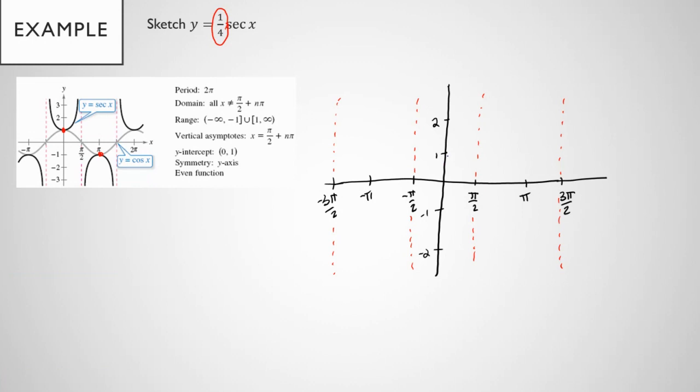Generally these U's start at 1, but because of that 1/4, I'm now going to start them at 1/4. So I put it at 1/4. I have a key point here, 0, 1, but my transformation is now going to make that 0, 1/4. And then I'm going to just draw my U. The next U's on either side are going to be in the opposite direction, so I put those in going down.